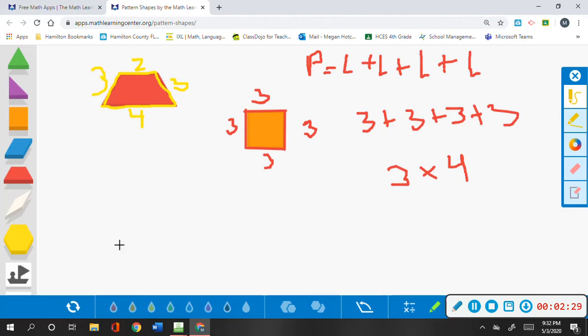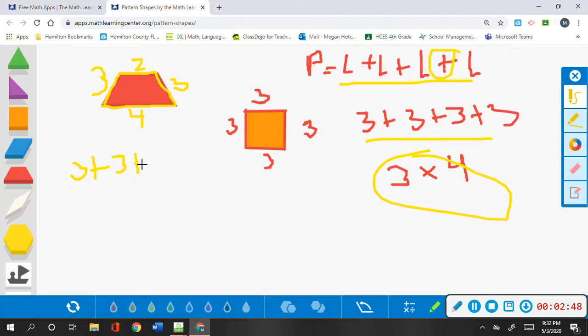This would be more like a 3, 4, and 3. Oops. So to find the perimeter over here, we couldn't do a multiplication problem. We would have to use the perimeter formula as is using addition. So 3 plus 3 plus 2 plus 4.